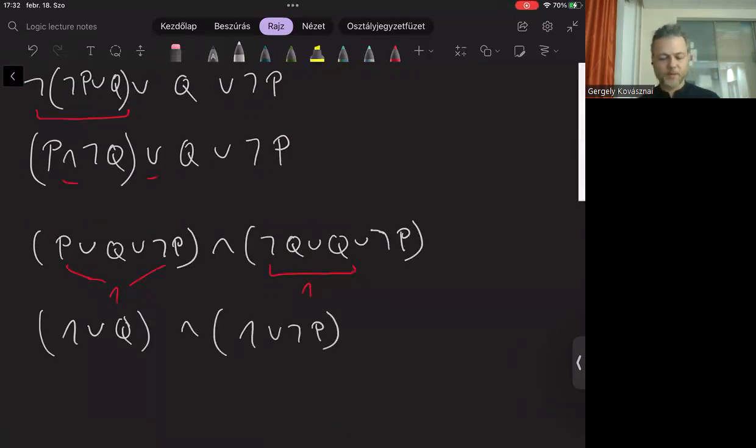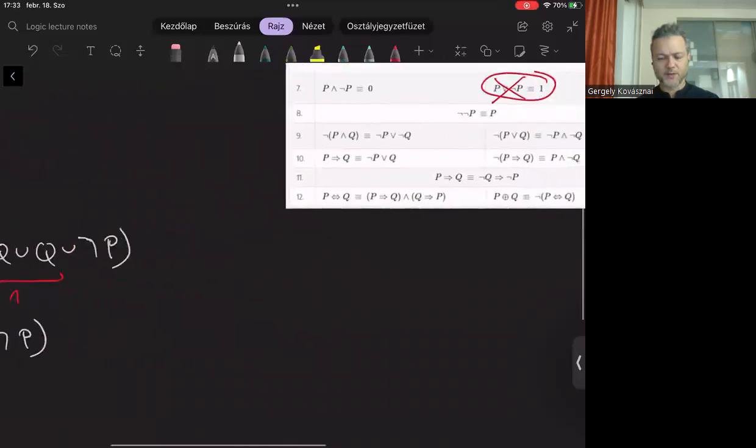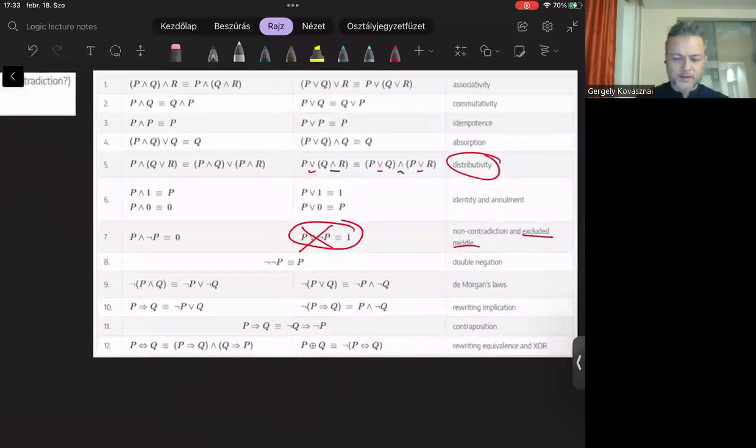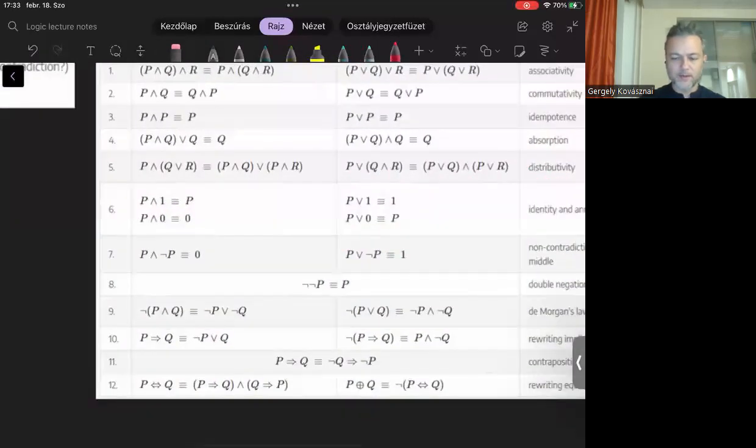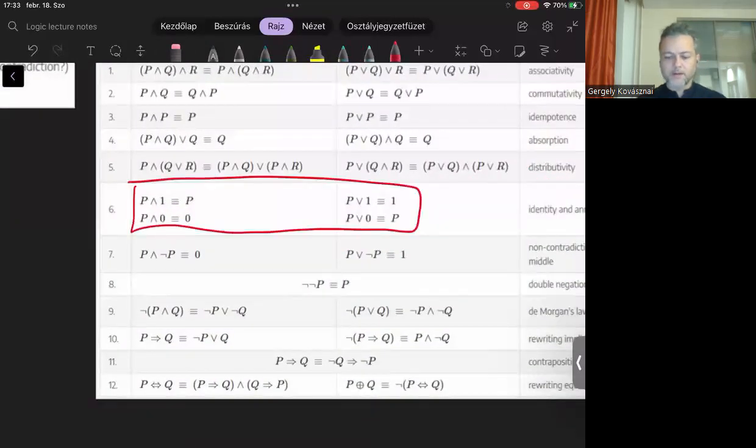Almost done. Now that 1 appeared in the formula, there's a very, very high chance that we can do more simplifications, because this table has a bunch of formulas which are exactly for such situations. Here you can see them in the middle, those guys.